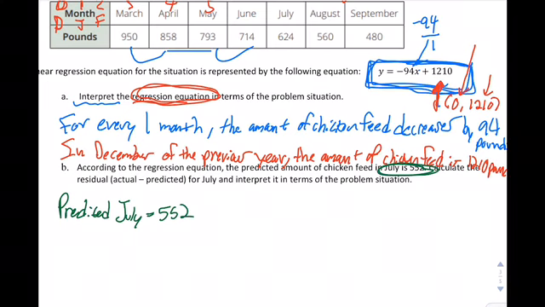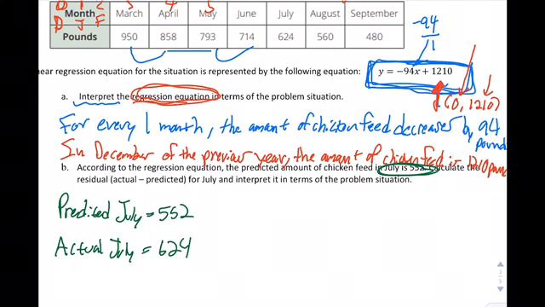The amount of chicken feed that they had in July, the actual July, was 624. So according to the regression equation, the predicted amount is 552, but what they actually had in July was 624.